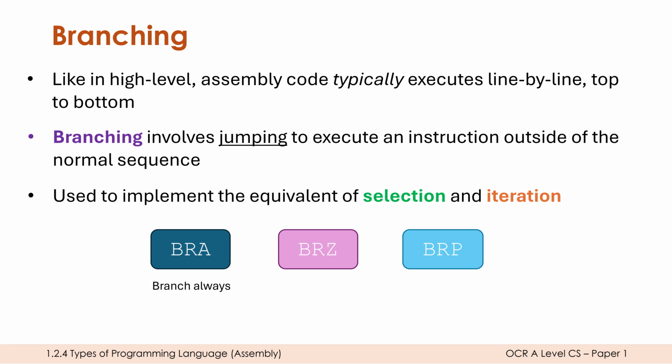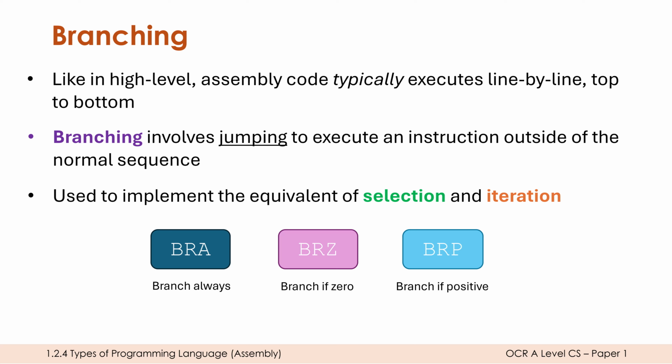BRA branches always. This runs no matter what. Kind of similar to else potentially, where if nothing else is run by that point, it will run, but we could have BRA on its own, unlike else. BRZ runs only if the value in the accumulator is directly equal to 0, and BRP only runs if the value in the accumulator is 0 or positive.